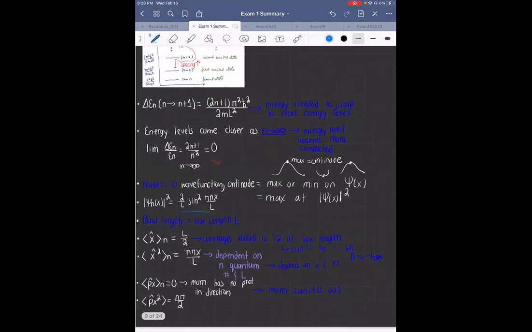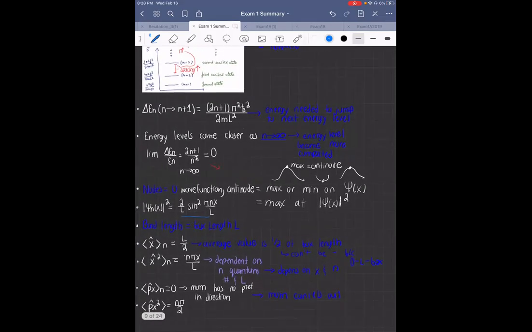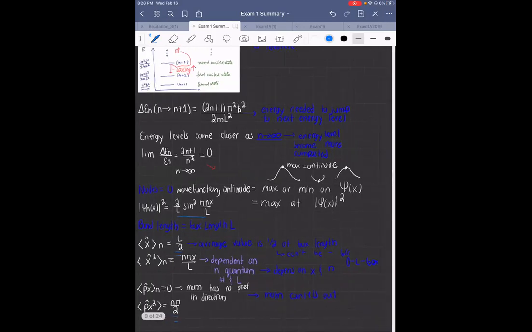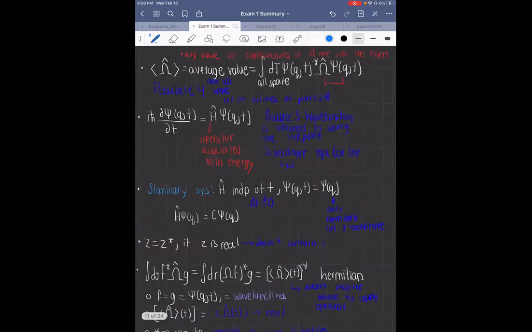All right, let's see what else. And these are just the expectation values of the particle in the box. And just to review expectation values: you're applying the operator onto the wave function and then multiplying that result by the original wave function.